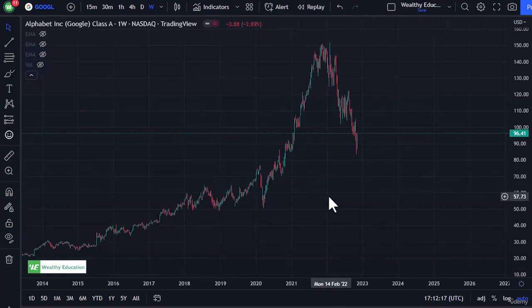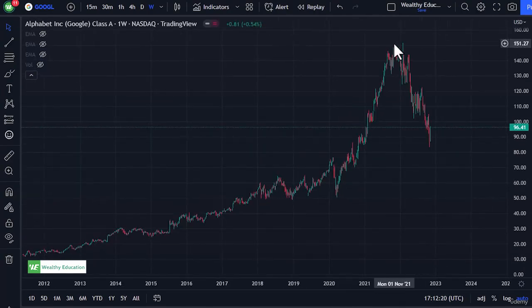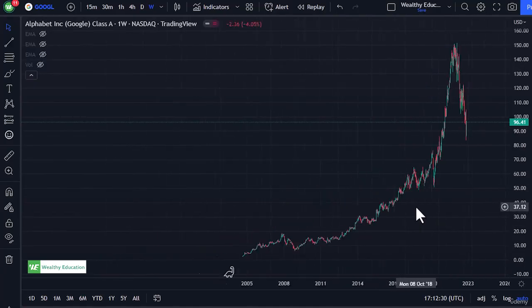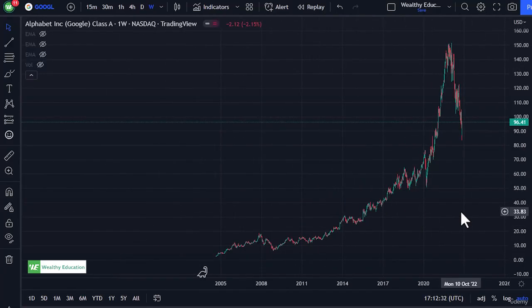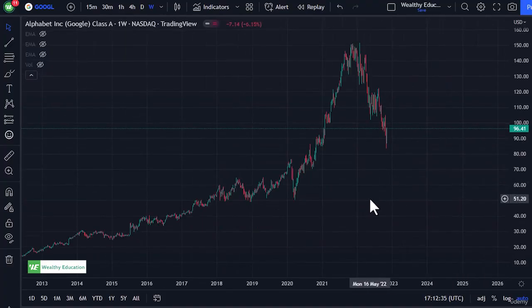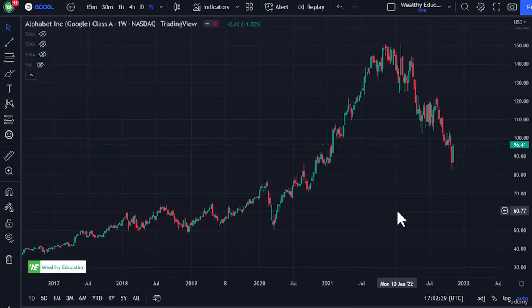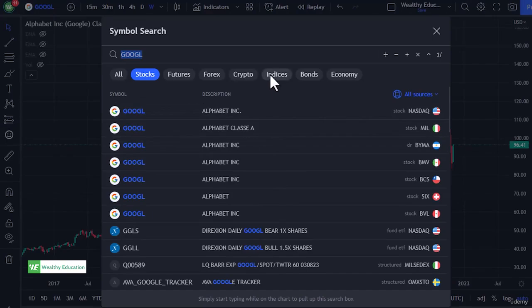So that being said, until recently, until late '21, for the most part, if you bought Google, you made money. There's been a couple of nasty little pullbacks, but you can clearly see that there's only been one way to trade this market. And there's always somebody out there willing to jump in and say, "Oh, no, no, no, this is the end." But they don't tend to be profitable.